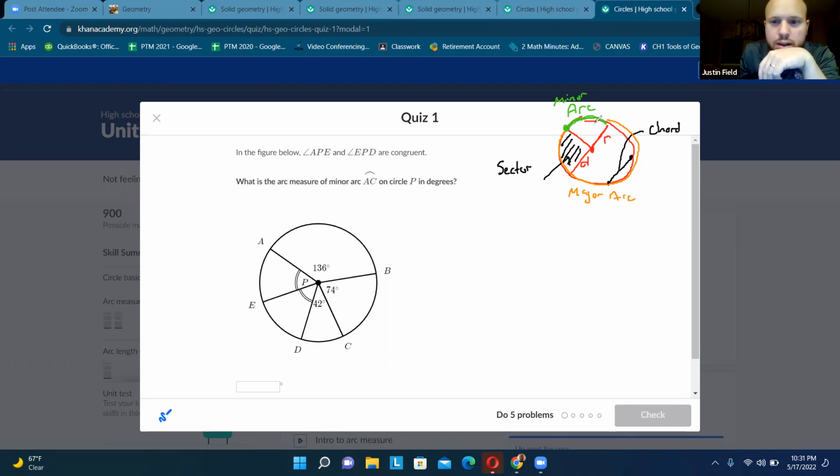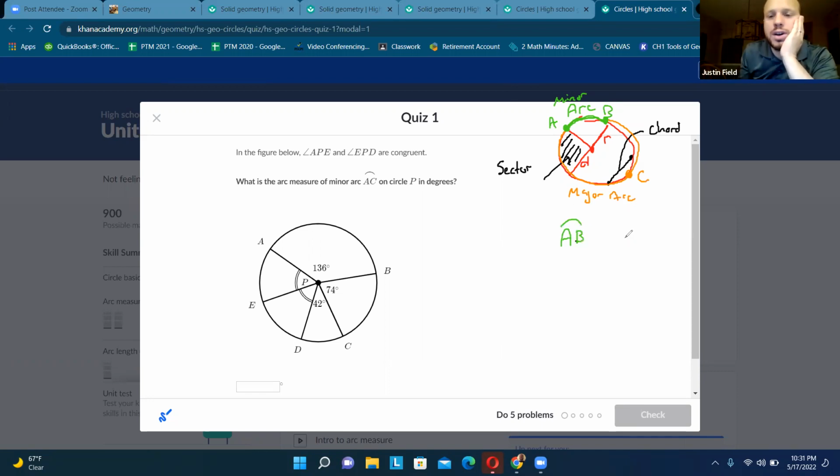And we have ways of naming these arcs. Let's say we have these points on the circle, A and B, and maybe C is around here somewhere. So the minor arc AB would be like this, A, B, and we put a little arc over the top.